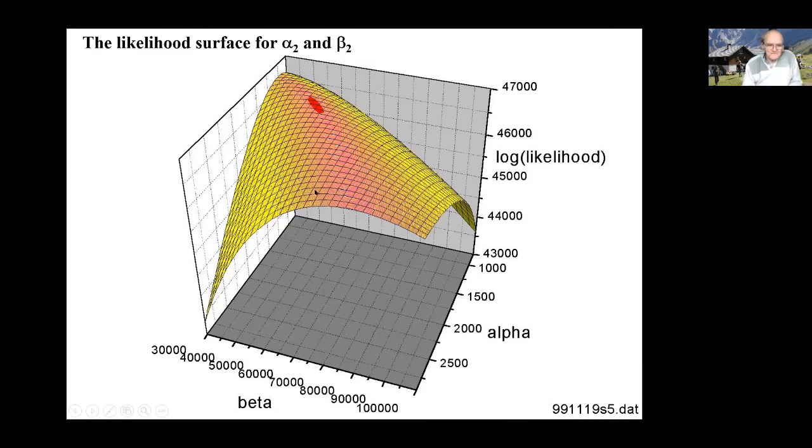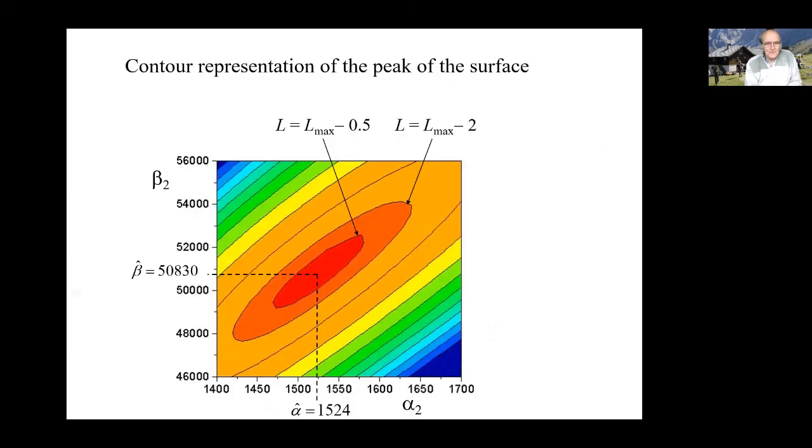For the purposes of looking at errors, it's probably best not to look at it in this three-dimensional way, which looks very nice, but is not easy to read things off. We can plot that as a contour map. The peak of the hill is here.